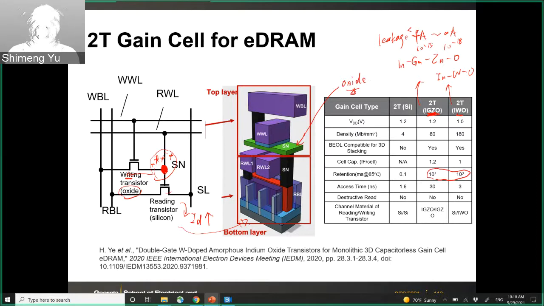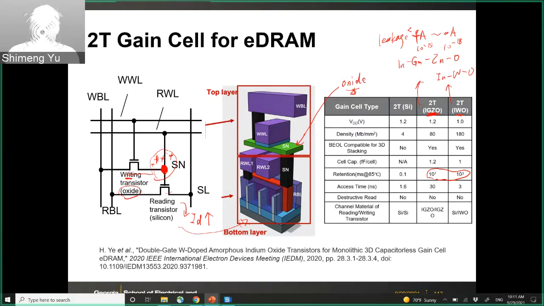Actually you have the IGZO transistor in your mobile system, because for all your displays, like LED and OLED displays, each pixel is controlled by an IGZO access transistor.